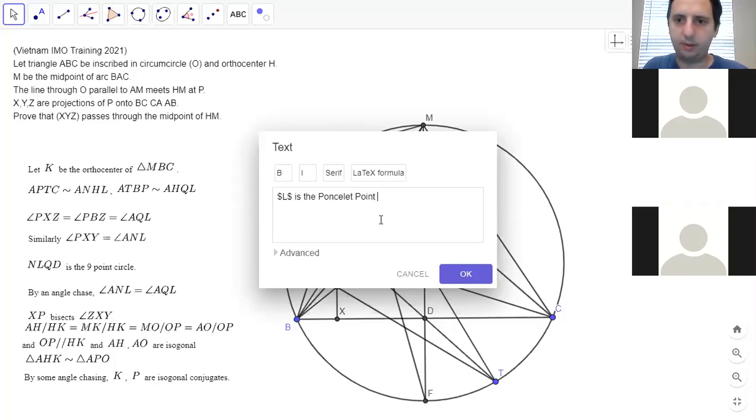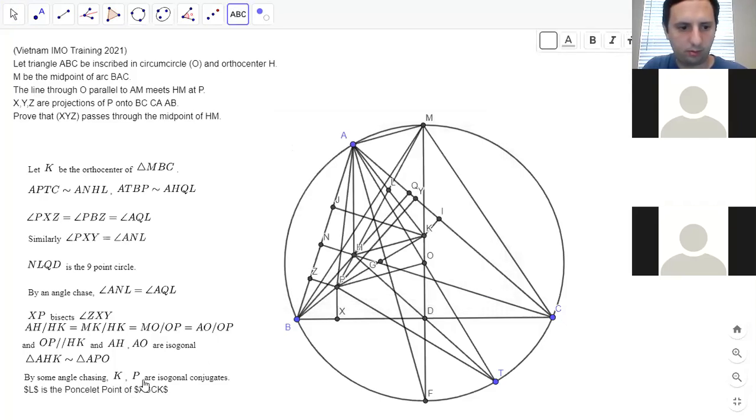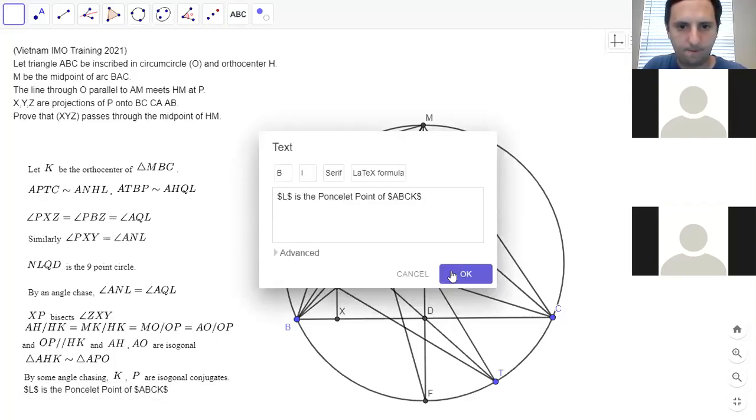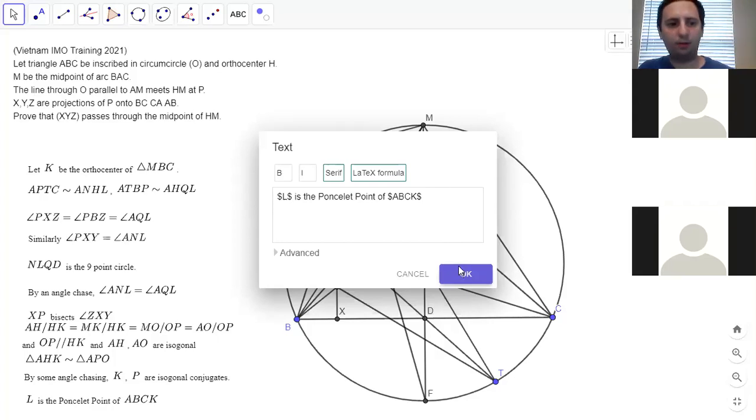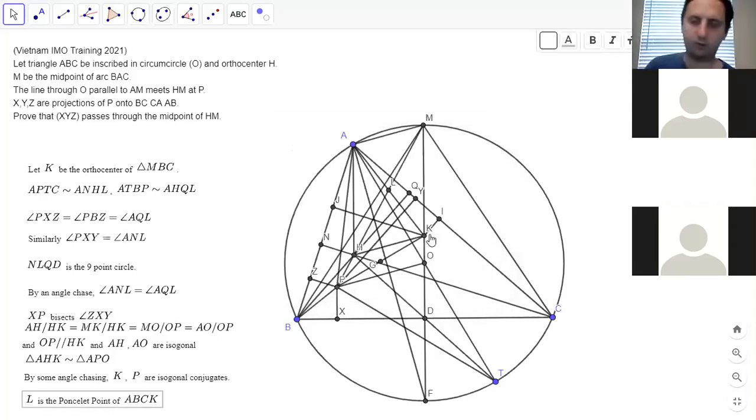But Wikipedia has an article on it. So the Poncelet point of ABCK is the intersection where the 9-point circles of ABK, BCK, ACK, and ABC all intersect at one point.